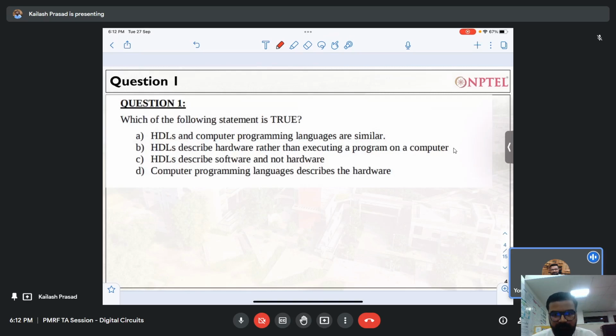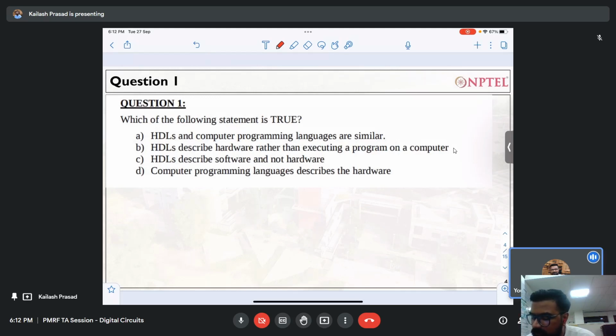So the very first question which I have for today is: which of the following statements is true for the hardware description language? Let us read out, and you have to answer the question. The first one is HDLs and computer programming languages are similar, right?